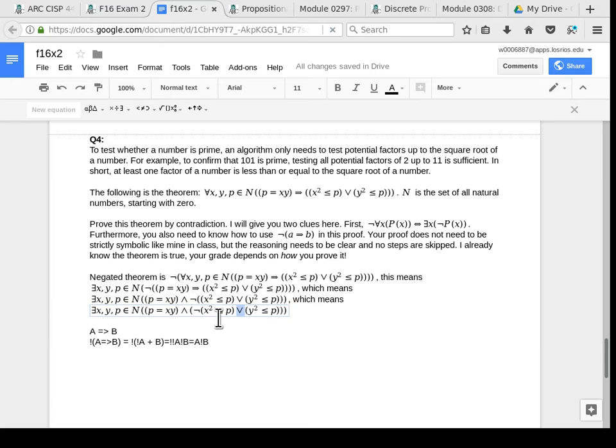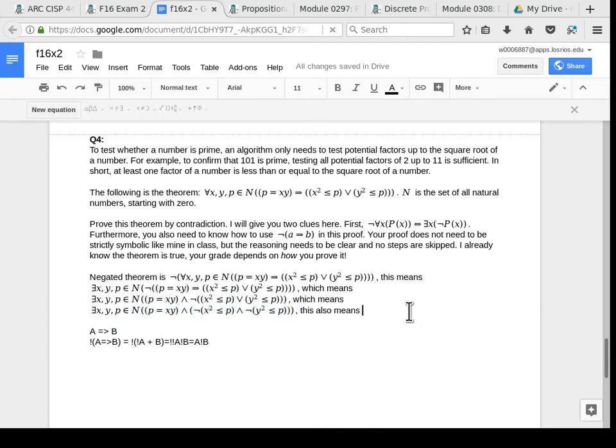We also change the disjunction to a conjunction, and then we add another negation here. There we go, we're almost done. I'm doing this really step by step.